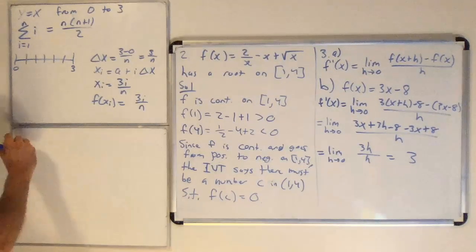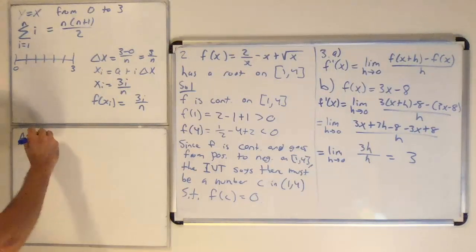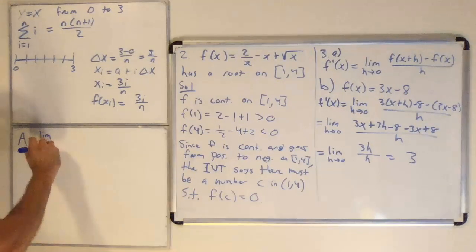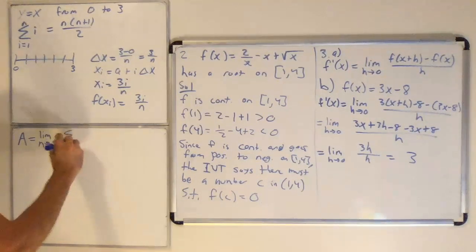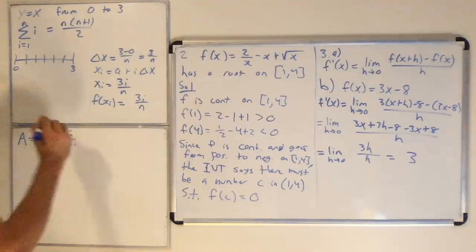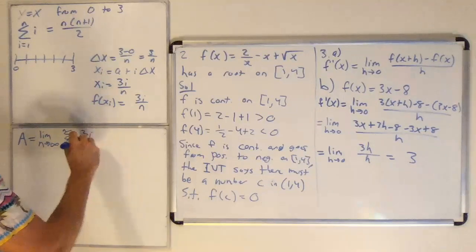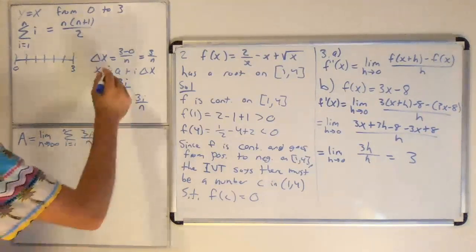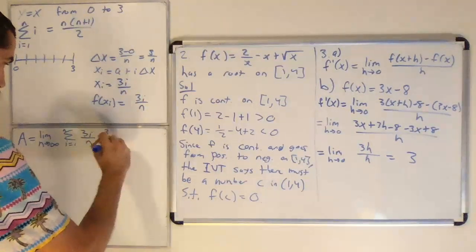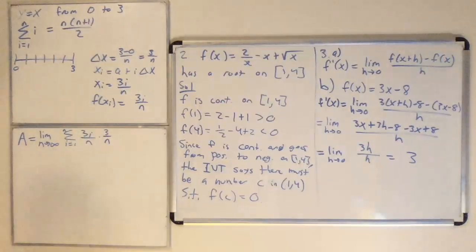So the area under the curve is equal to the limit as n goes to infinity of the sum from i equals 1 to n of f of x sub i times delta x. Right, so this is answering the first part. Express the area as a limit. There it is. Now we want to evaluate the limit.